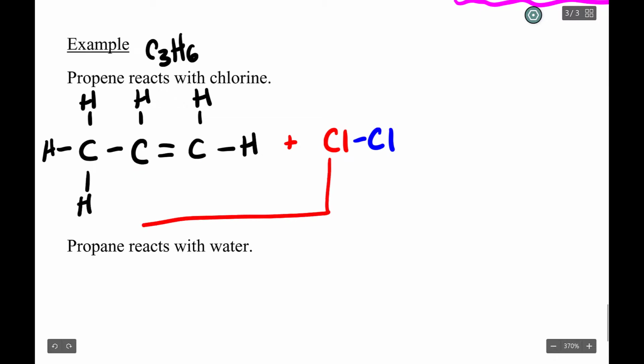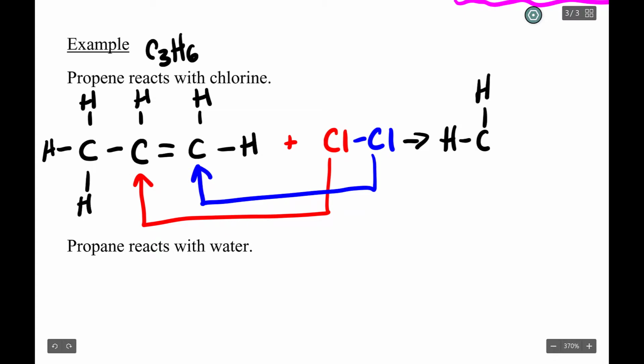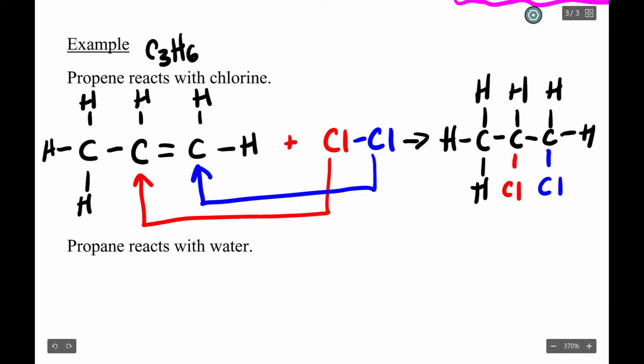This chlorine would go here. This chlorine would go there, and you would produce CH3, CHCl, CH2Cl. Now, if you're wondering, does it matter if these Cl's both go on the bottom or top and bottom or whatever?